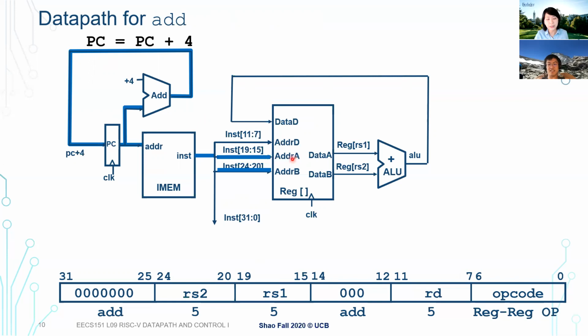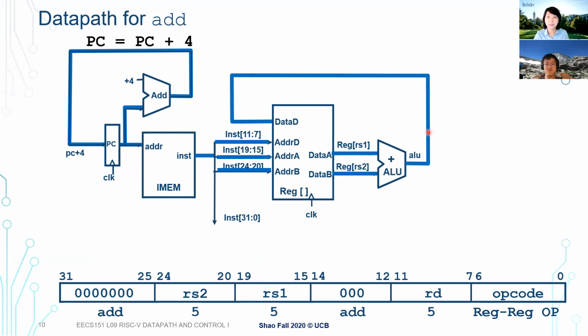After getting the specific region of the bit vector that specifies which index we need to access for our registers, we can read the values out from the registers. Given this address, remember for read, we always assume it's a combinational path. So once you have the read address, you get data from your register, and now you go to your ALU to perform this addition, because we're doing an add instruction.